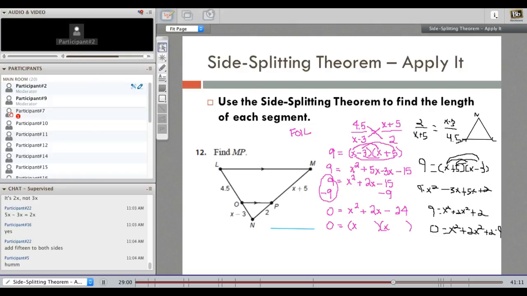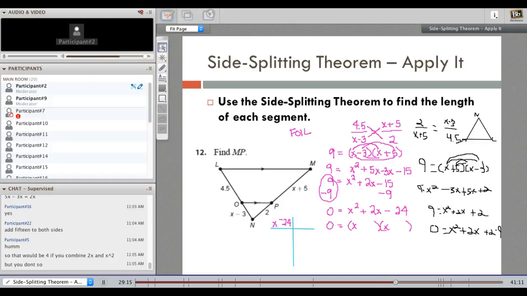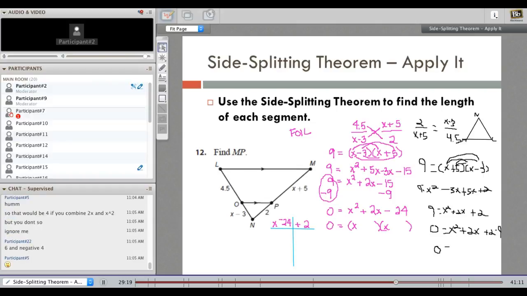So can you think of any numbers that would multiply to negative 24, not a positive 24? So we want it multiplying to a negative 24 and adding to a positive 2.